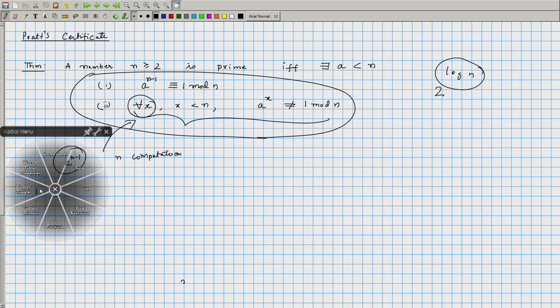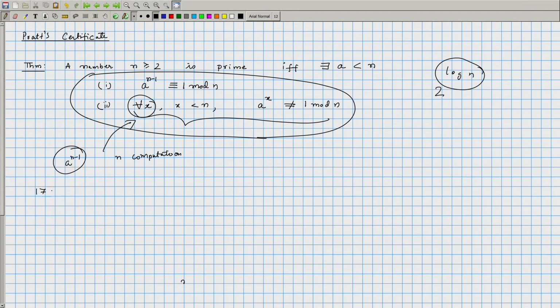Suppose we are given the number 1783 as input. This is actually a prime number. Now, how do I prove to somebody that this is prime without him having to check for all the factors up to the square root of 1783? The first thing that I will ask somebody to check is that 10 to the power 1782 is congruent to 1 mod n.